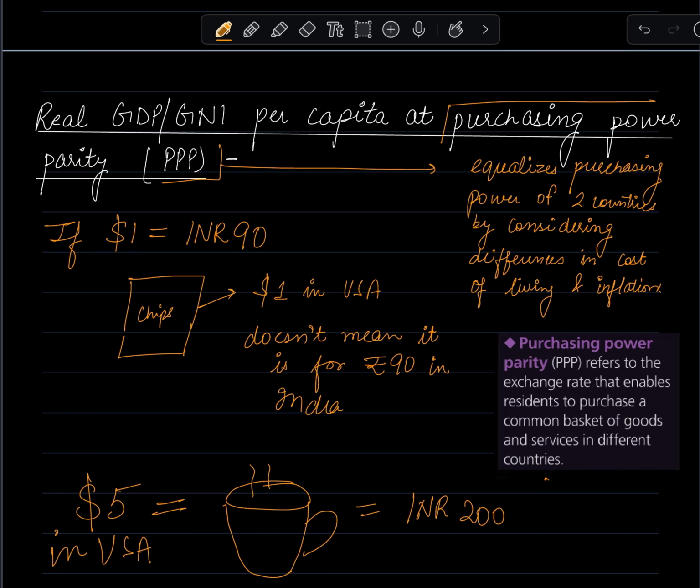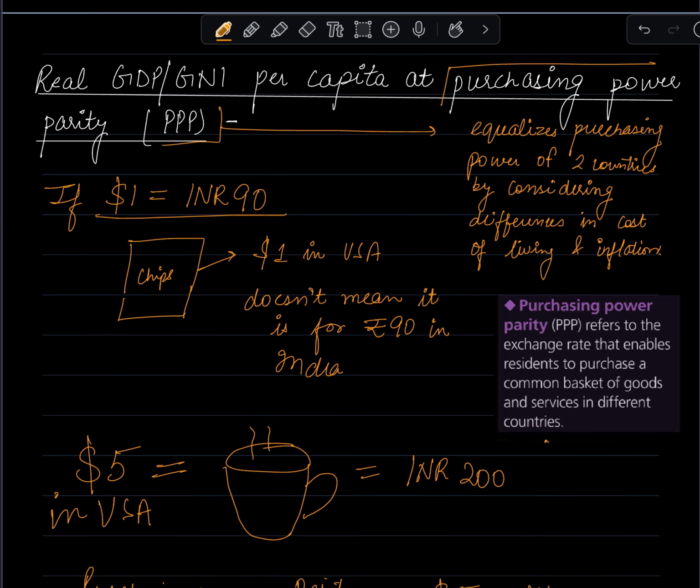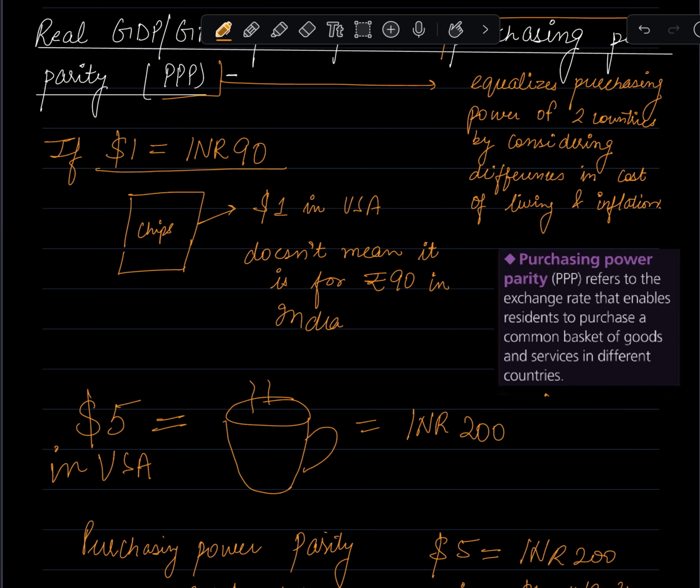For example, if the exchange rate right now is $1 is equal to 90 Indian rupees, it does not mean that for $1 in USA, the cost of the packet of chips is $1 in USA, whereas it is $90 in India. No, it is not the case.